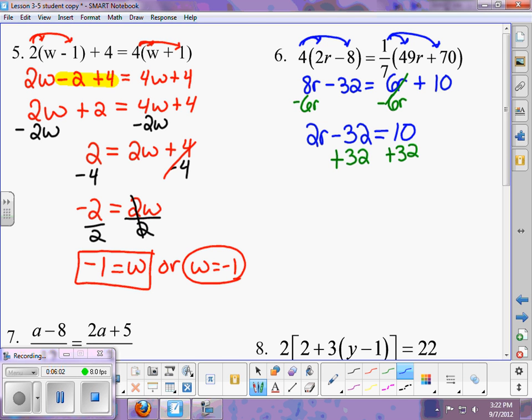That results in r equals 42. And lastly, to get rid of that 2, the 2 is being multiplied. The opposite of multiplying by 2 would be divide by 2. For a final answer of r equals 21.